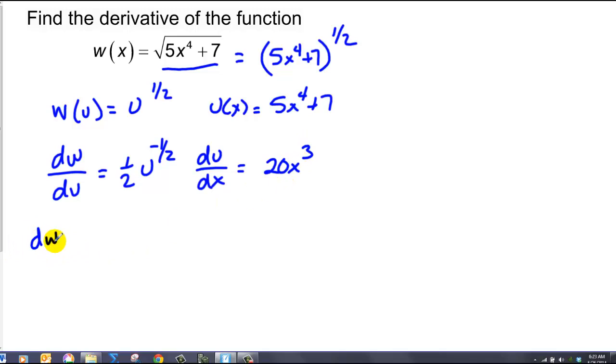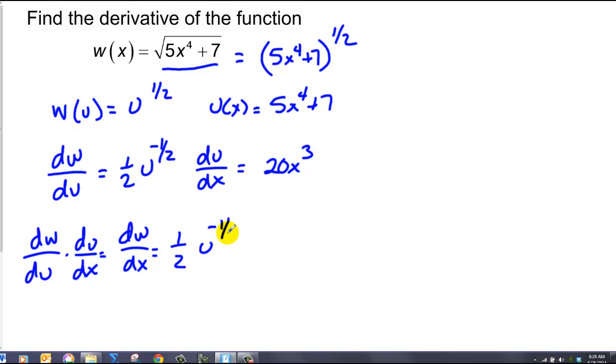So once again, dw du times du dx is equal to dw dx, or 1/2 u to the negative 1/2 times 20x cubed. I'm going to go ahead and clean that up just a little bit. 1/2 times 20 gives me 10x cubed over the square root of u.